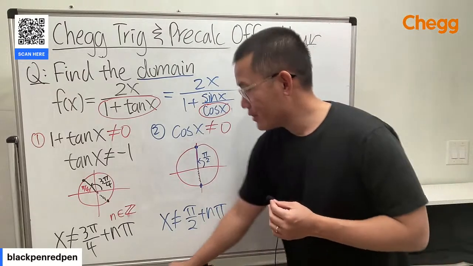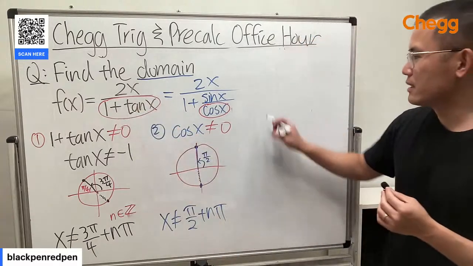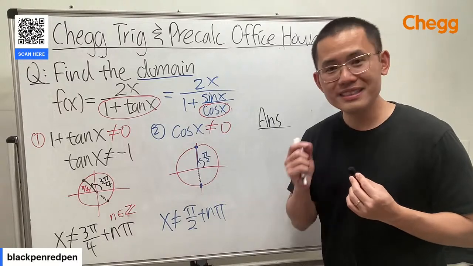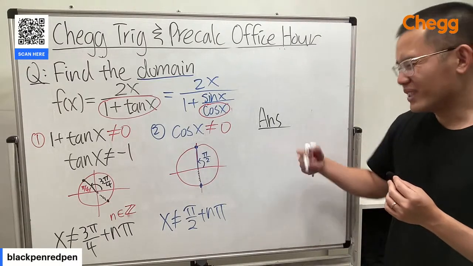Okay? So for this function, for the answer, I'm going to write this down. It's a set. So I'm going to write it down like this.